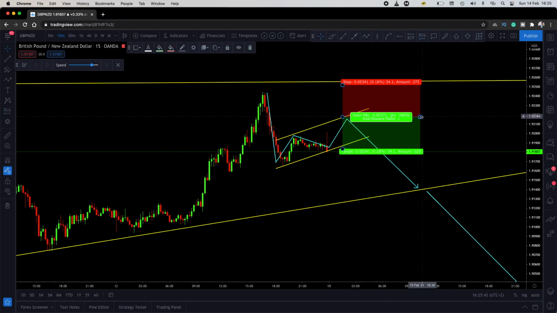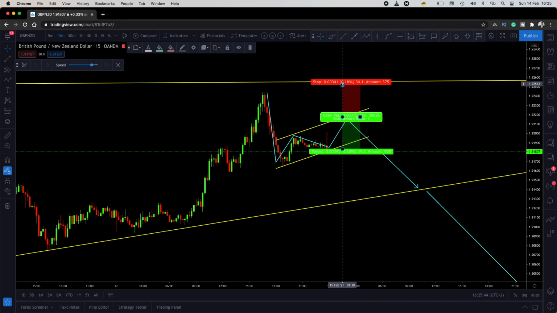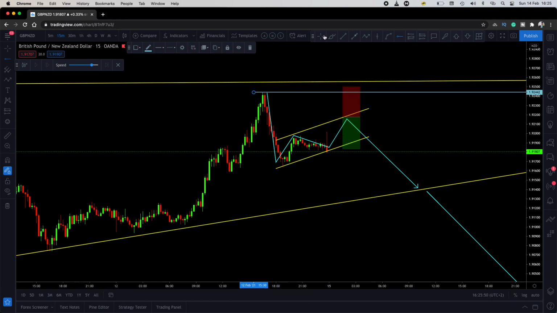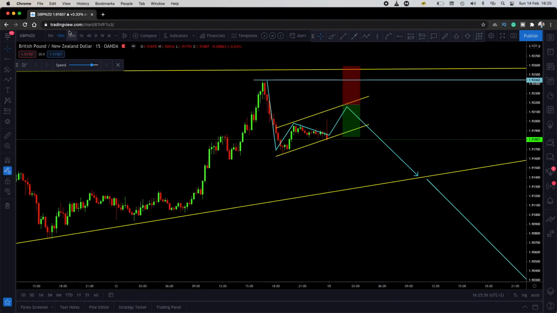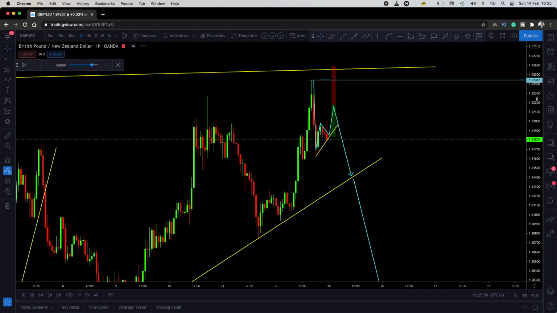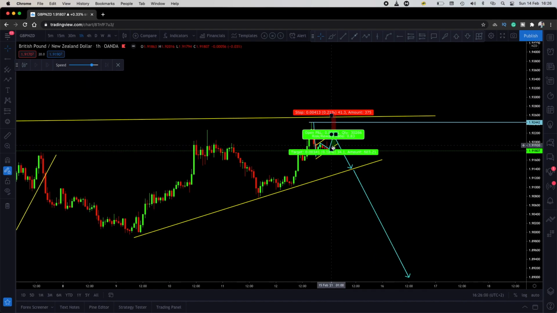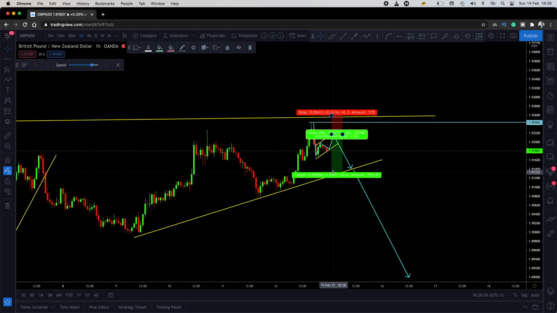You wait. Put your stop loss just above this. If you like, you can also put it just above this trend line, and then you take profits. You have to take this thing all the way down.